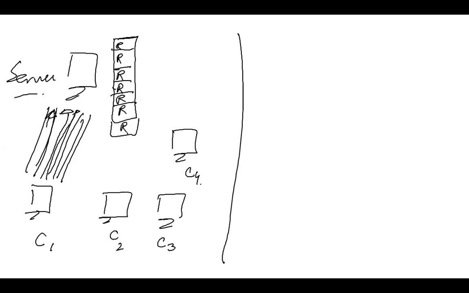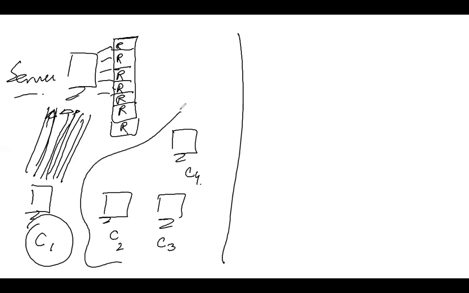So all these requests are sent by the user, that is client 1. So the server is busy with these requests, and these users C2, C3, and C4 are unable to access the resource.